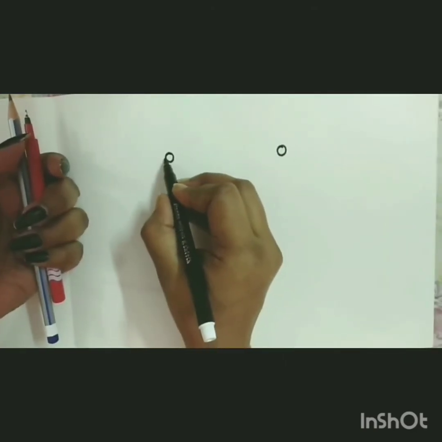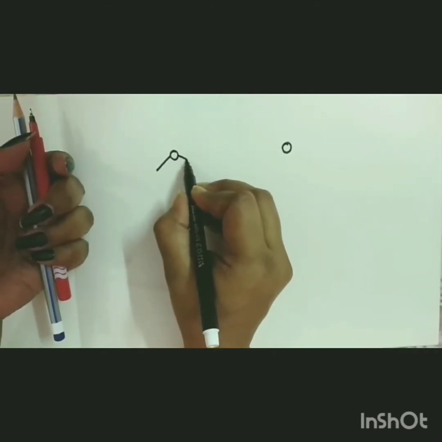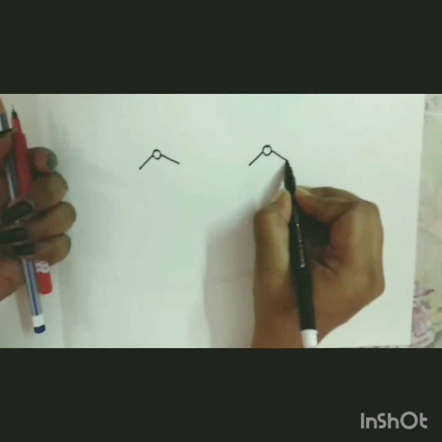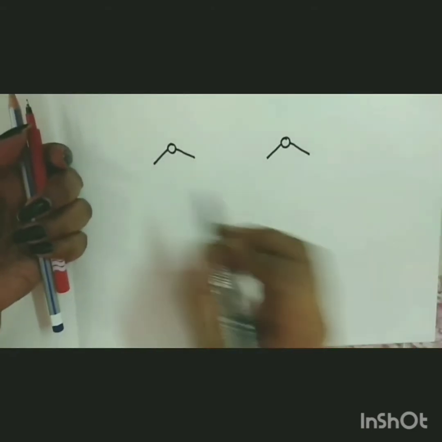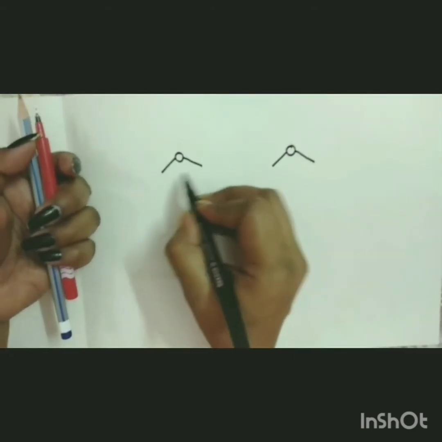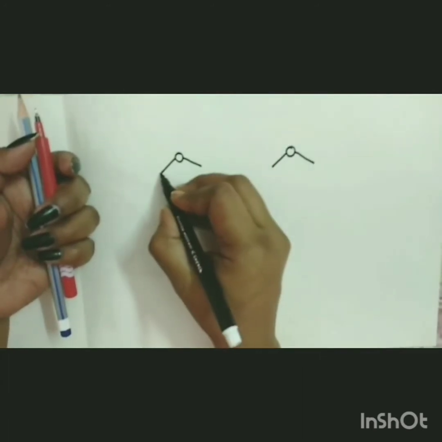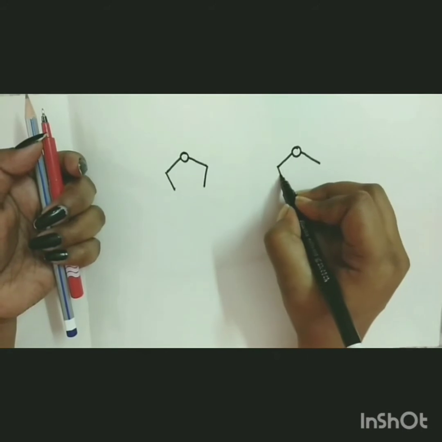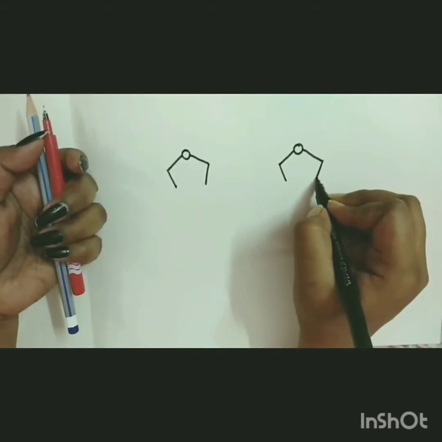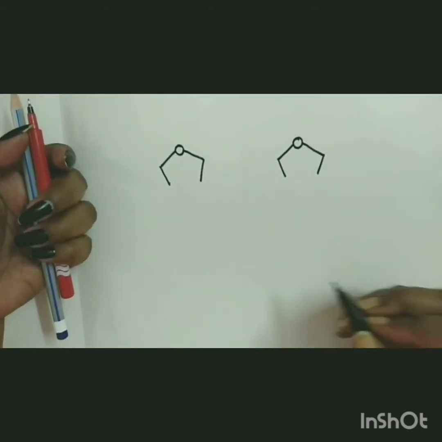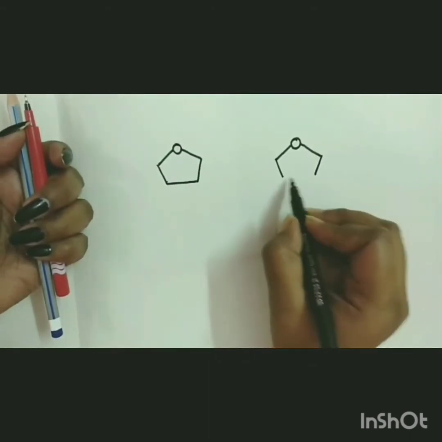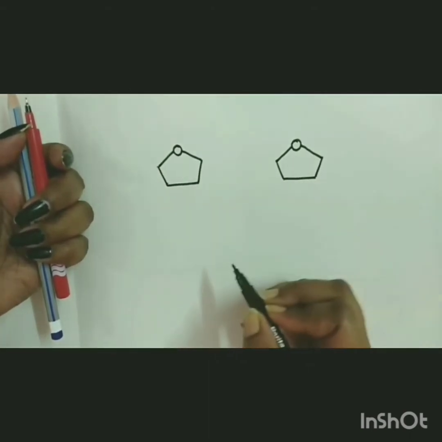Now draw two lines from that O, one from each side. Draw these lines a little downwards. Now, the place where these lines ended has another two lines drawn inwards, like this. Now, join both the ends of these two lines with a single line.